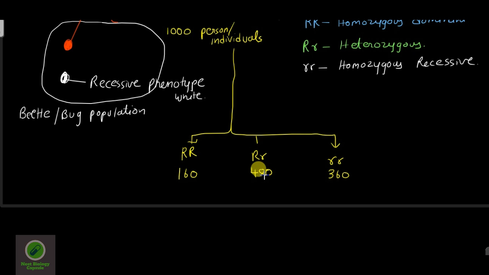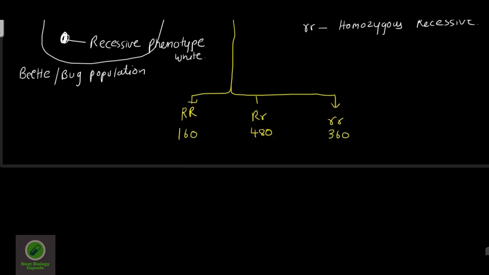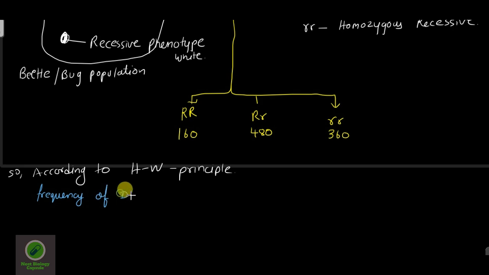If I need to calculate the frequency of capital R, you have to see the population that has capital R. Here homozygous dominant and heterozygous have capital R. So the frequency of the dominant allele, in our case it will be R. For understanding purpose I'm just using A, but in our case it will be capital R. So it's a general representation.